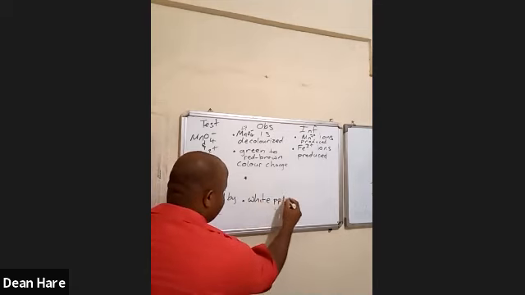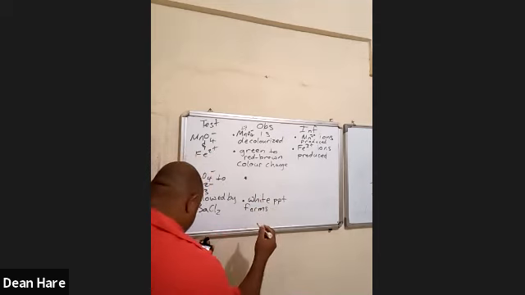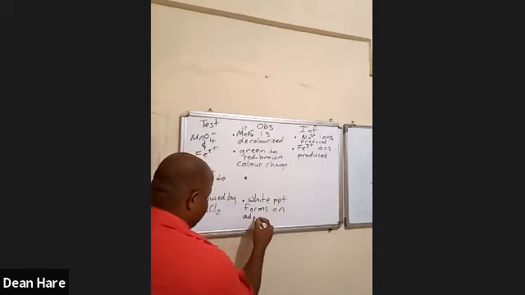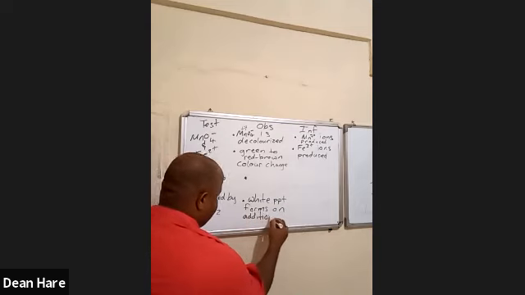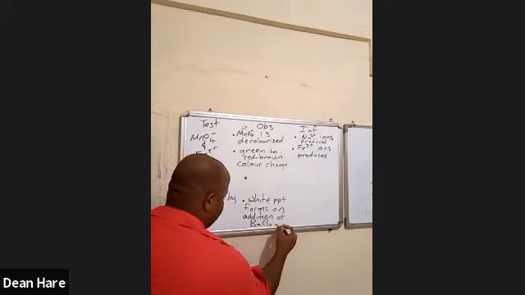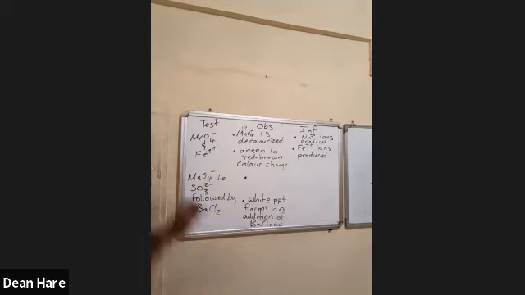White precipitate forms on addition of barium chloride solution. All right. So two things happened. First, the permanganate ion was added to the sulfide ion.